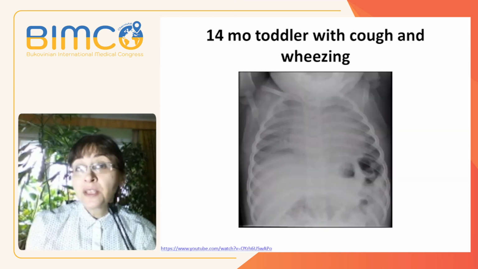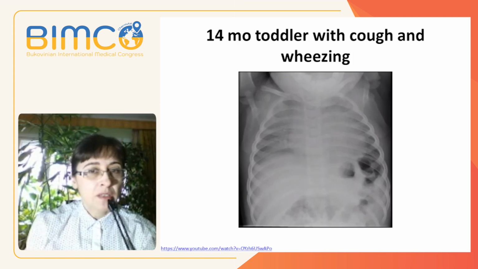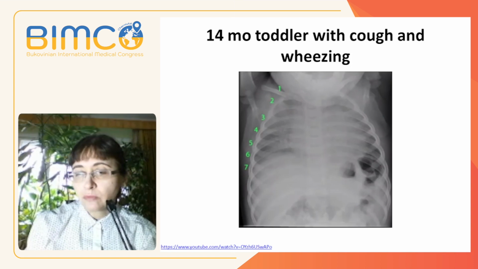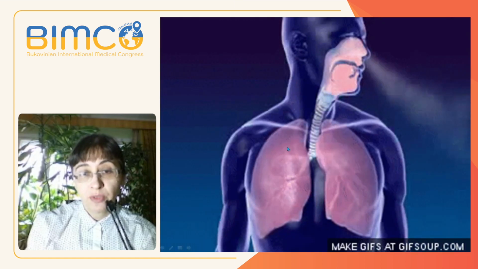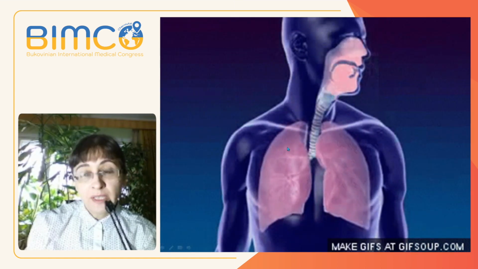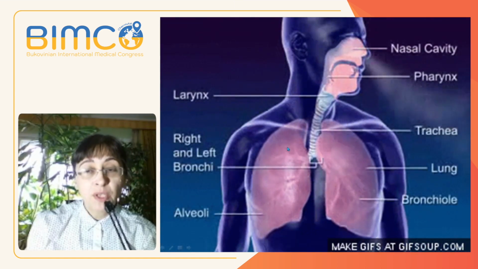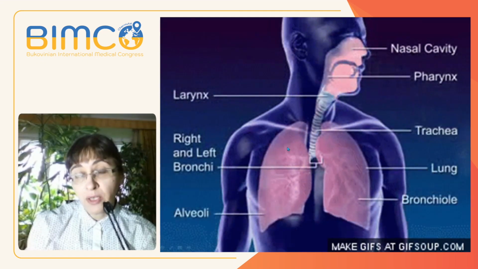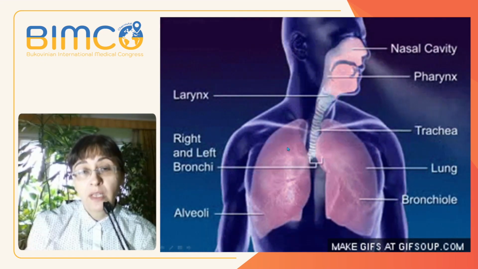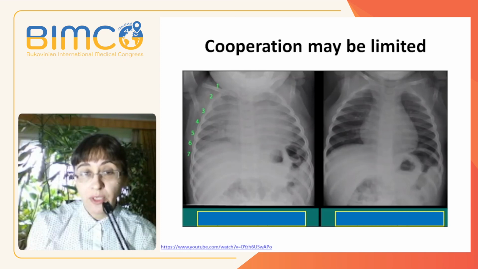This is the chest X-ray of a 14-month-old toddler with cough and wheezing. We may suspect the child has cardiomegaly or decreased aeration, but when you count posterior ribs, you will observe that only 7 ribs are visible, which tells us that it was done in expiratory phase. But to get a good quality chest X-ray picture, you have to do it in inspiratory or mid-inspiratory phase, which is associated with better quality.